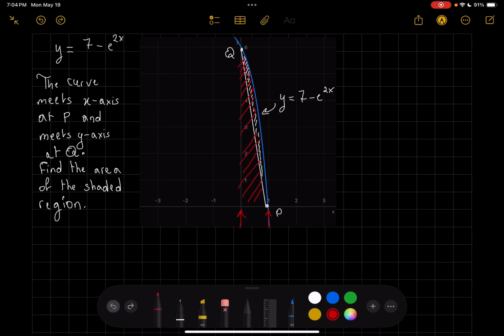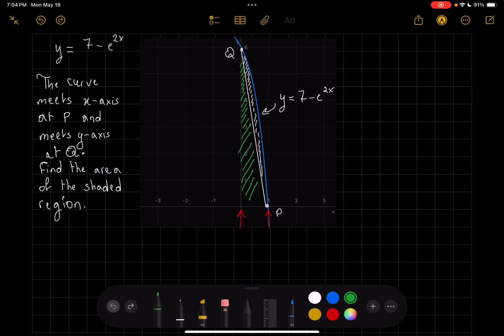We just want to find the integration for this shaded region over here. So how do we do that? Basically, we are going to find the integration of everything, and then we are going to subtract the area of this right triangle over here.